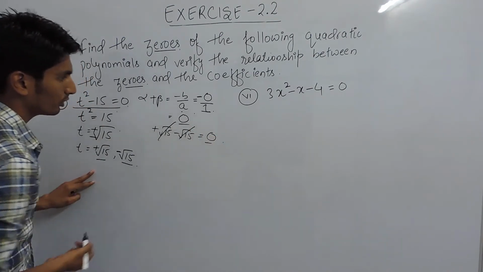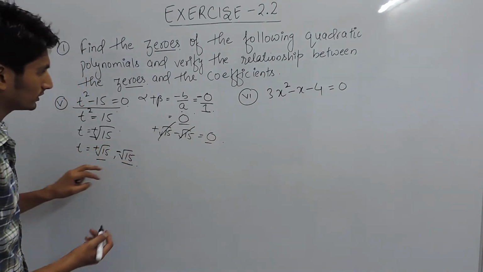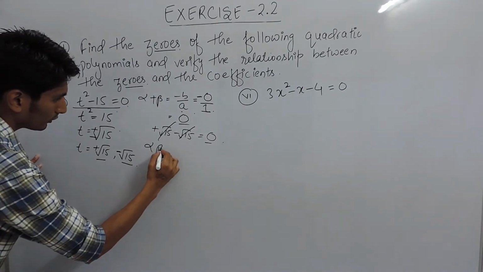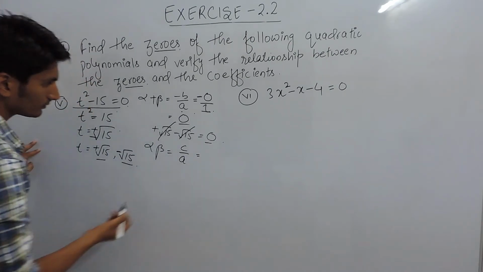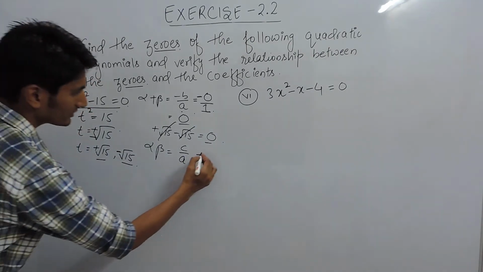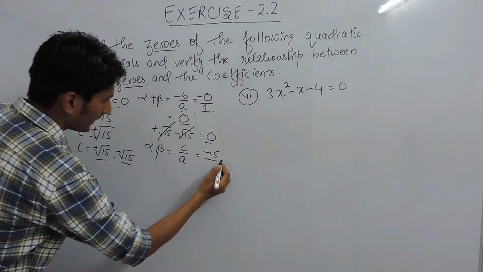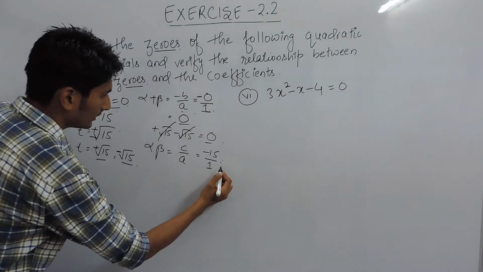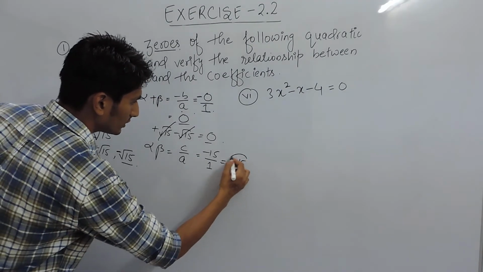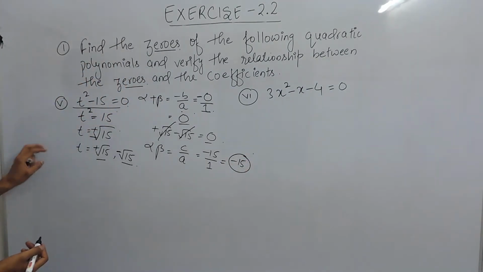Again this is equal to 0. So obviously the sum of roots is equal in both cases, and the product of roots according to the formula is basically c upon a. C in this case is minus 15 and a is 1. So the product of roots must be equal to minus 15.